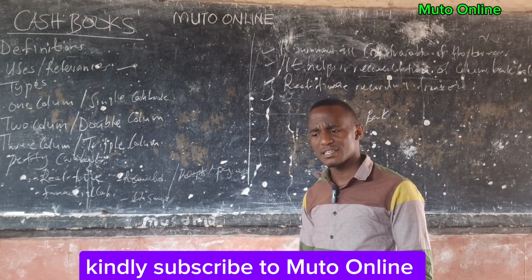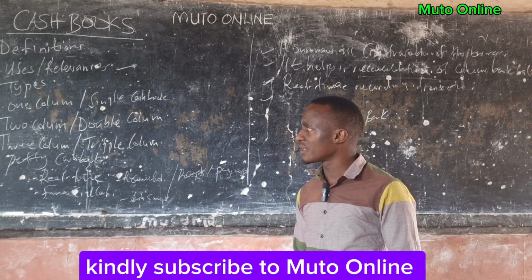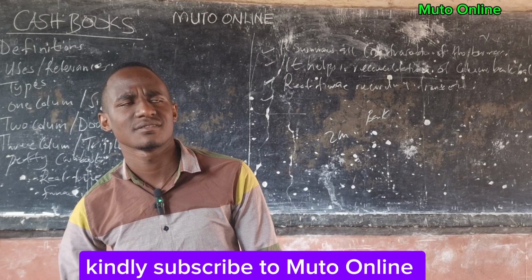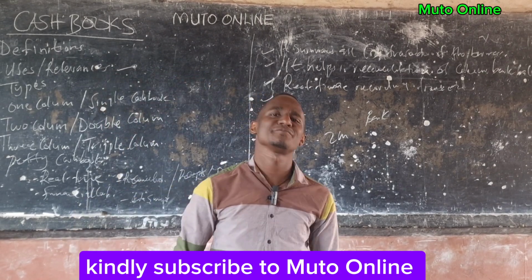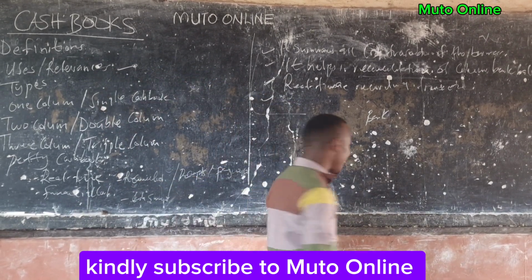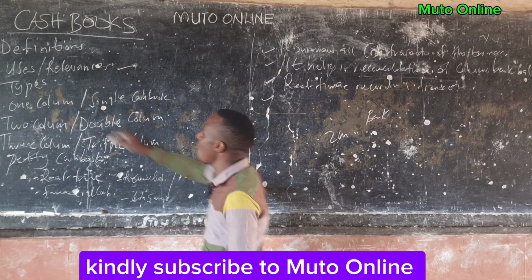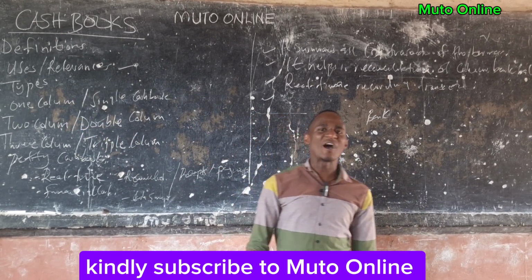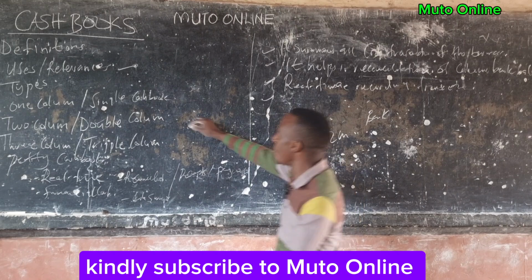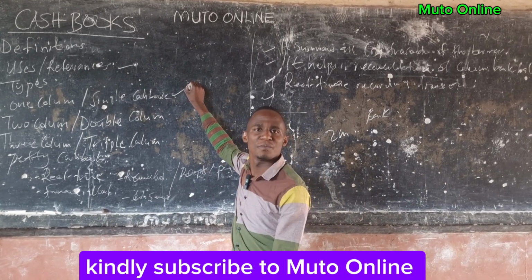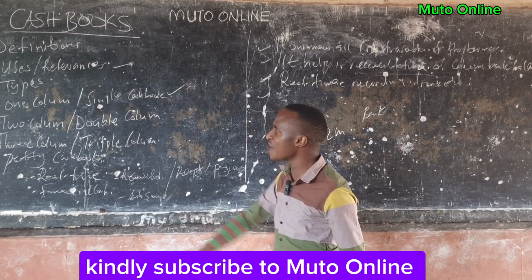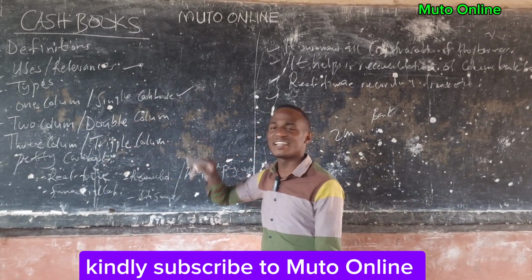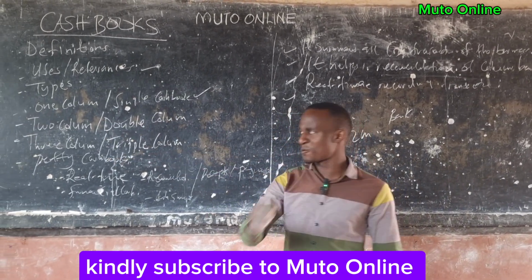Someone may ask, a cash book, do we have types of cash books? Yes, we do have. We have a one column cash book, others call it a single column cash book. Two, we have a two column cash book, some call it a double column cash book.